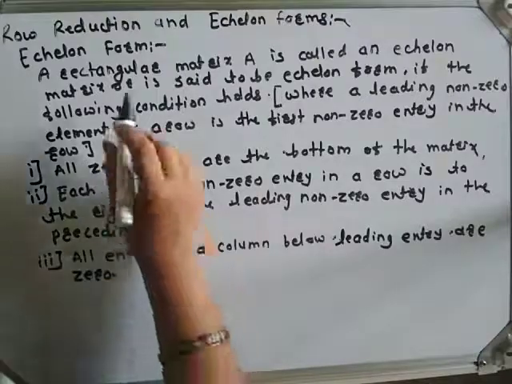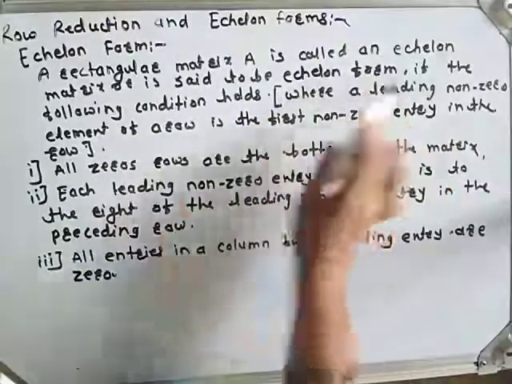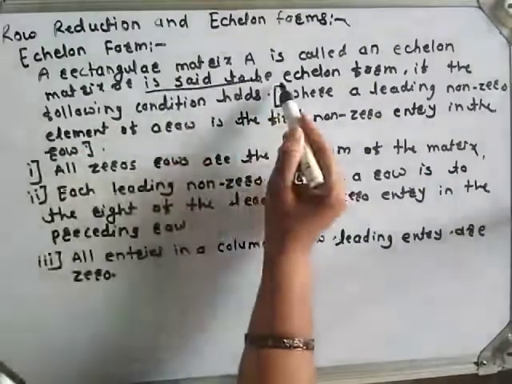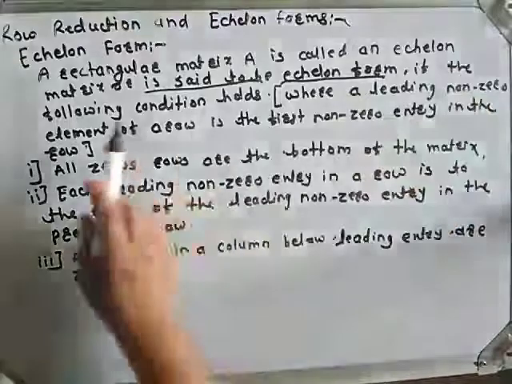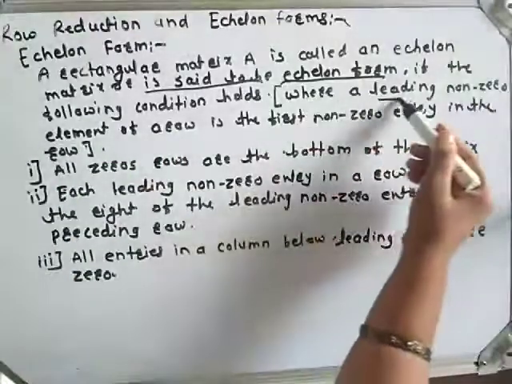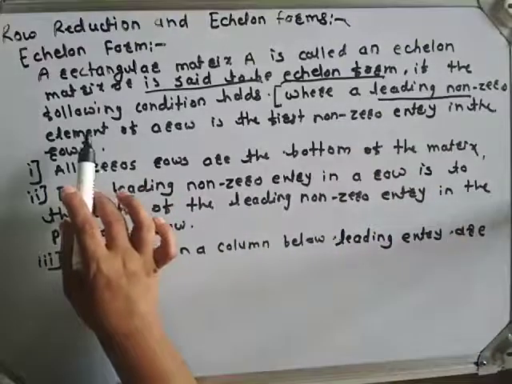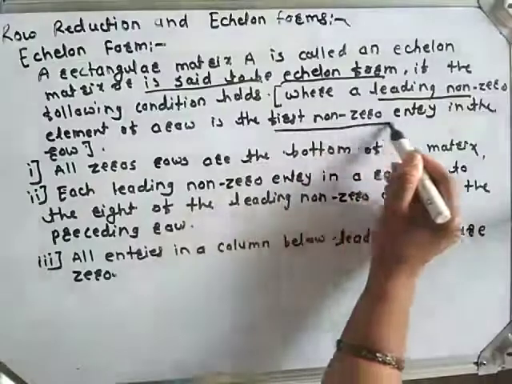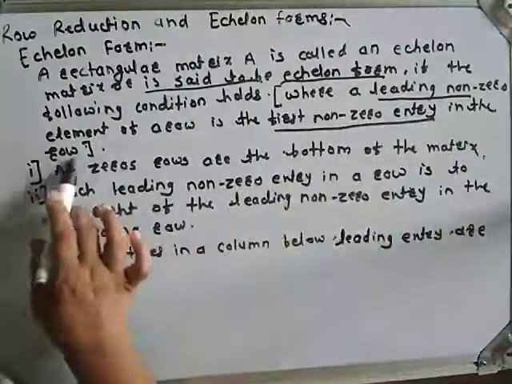See here, a rectangular matrix is called an echelon matrix or said to be in echelon form if the following conditions hold. Leading non-zero entry or element of a row is nothing but the first non-zero entry in the row.